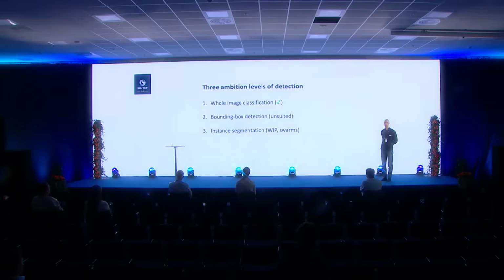So let me go through the three levels of ambition that you can have when you try to detect something in an image. And these are the steps that we've gone through. So we started out with whole image classification, and we've got good results on that. And then we went on to do something a bit more specific, which is so-called bounding box detection or object detection.